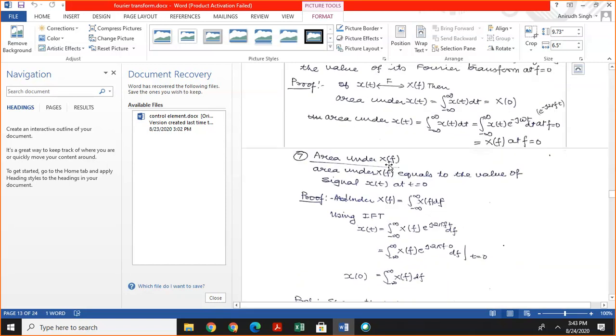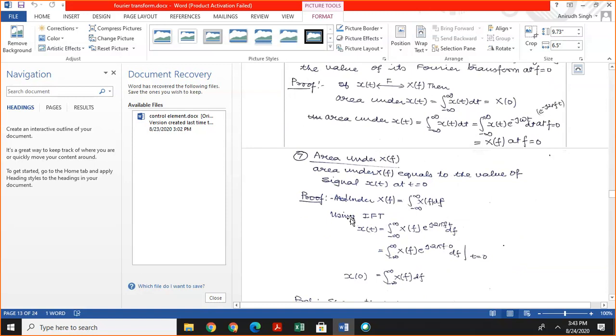Similarly, the area of x of f. X of f is the Fourier transform of x of t. Then calculate the area of x of f. Area of x of f is given by this expression: integration minus infinity to plus infinity x of f df.